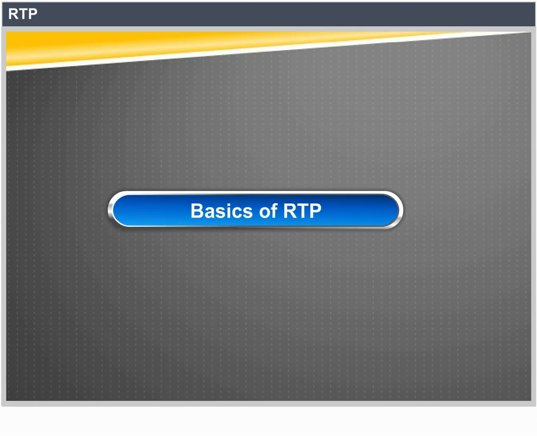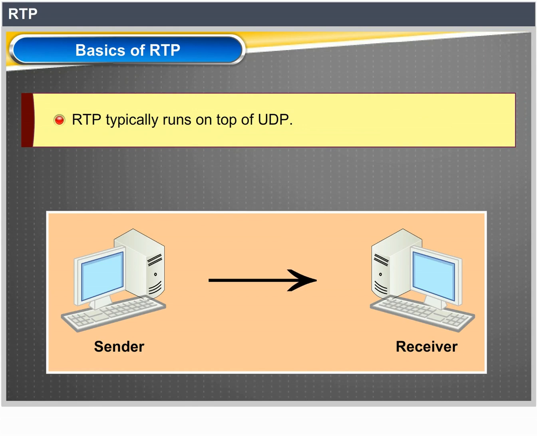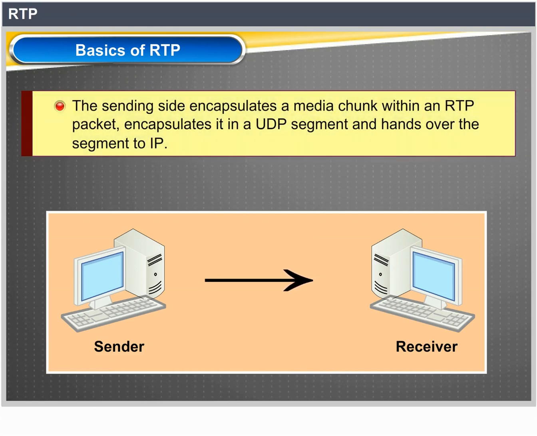RTP basics. RTP typically runs on top of UDP. The sending side encapsulates a media chunk within an RTP packet, then encapsulates the packet in a UDP segment and then hands the segment to IP.